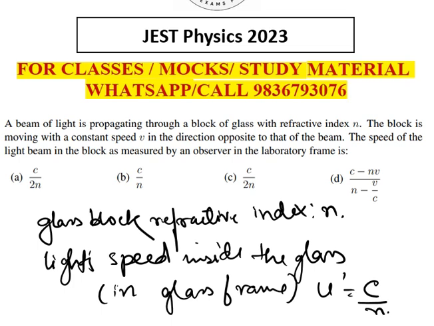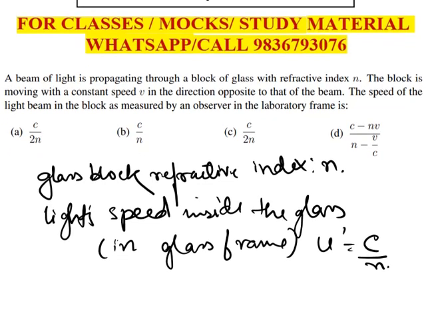Right, so the block is moving in the opposite direction of the light beam with the speed v. So we need to find the speed of the light from the lab with respect to the block. So this is the relativity problem.